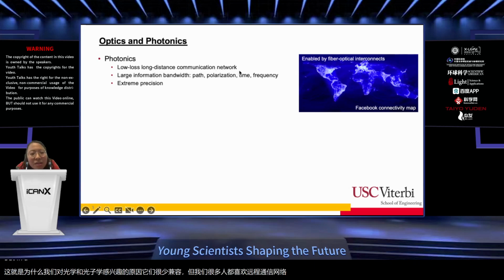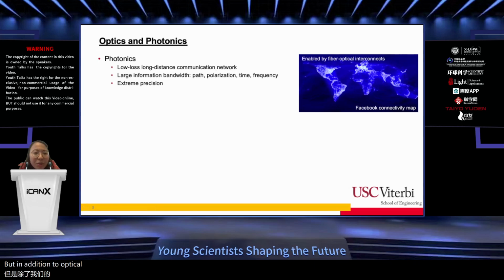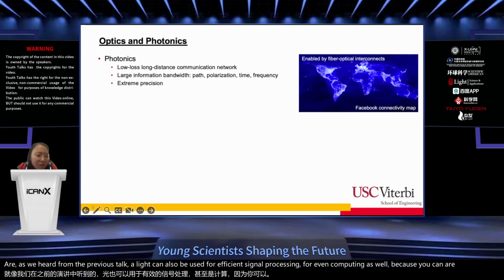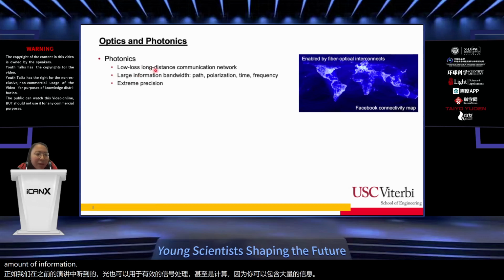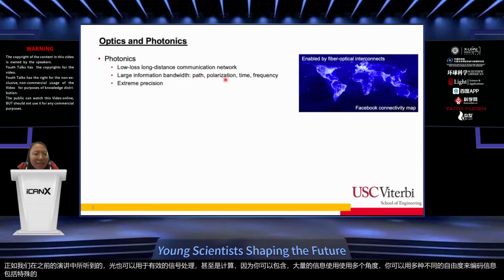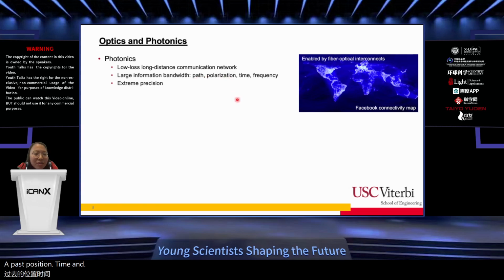But in addition to optical communication, as we heard from the previous talk, light can also be used for efficient signal processing or even computing, because you can encode a large amount of information in multiple degrees of freedom that include the spatial paths, polarization, time, and frequency, and so on.